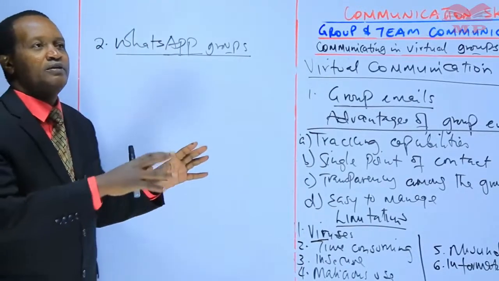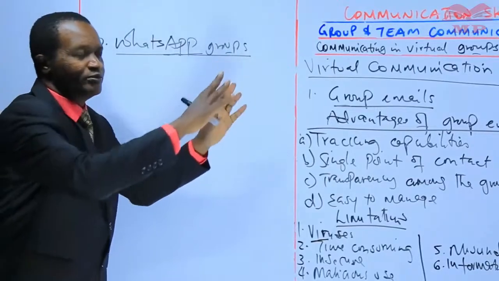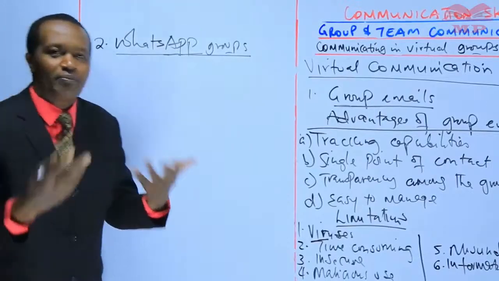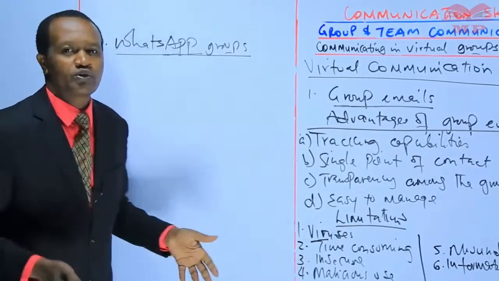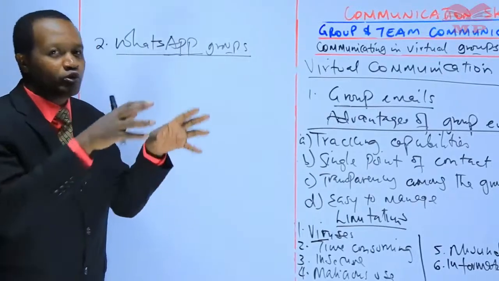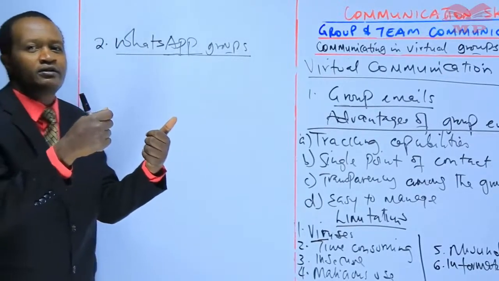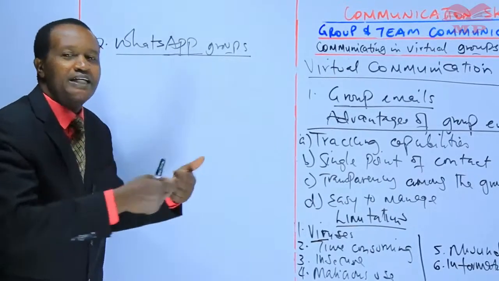You can have a WhatsApp group for the marketing campaign team. If there is a campaign team going out, you can have a WhatsApp group such that the members can post messages, they can post clips, photos, audios on the group's wall for other group members to see or to view. And that can be done anytime.